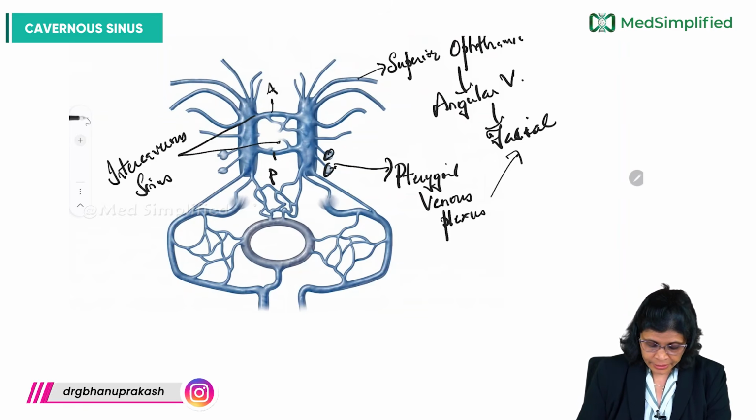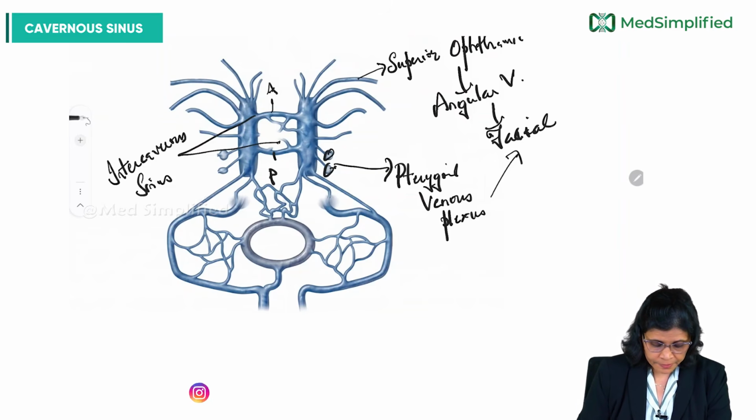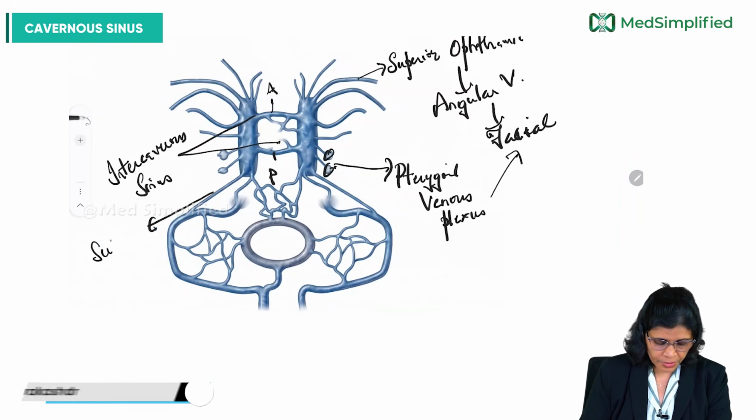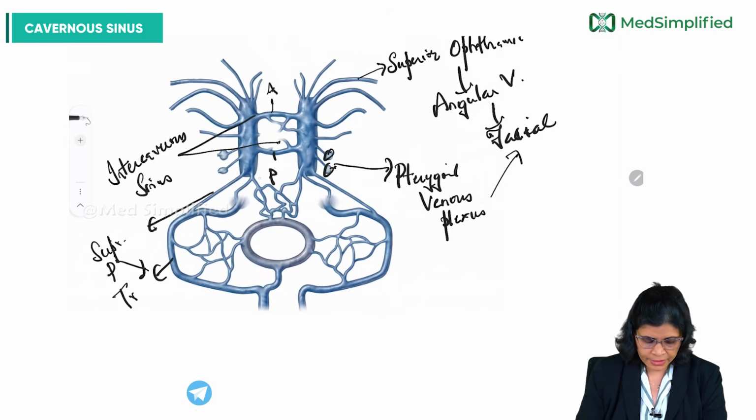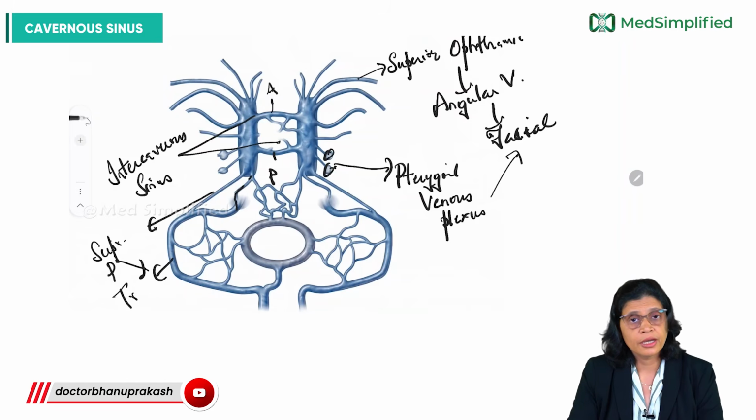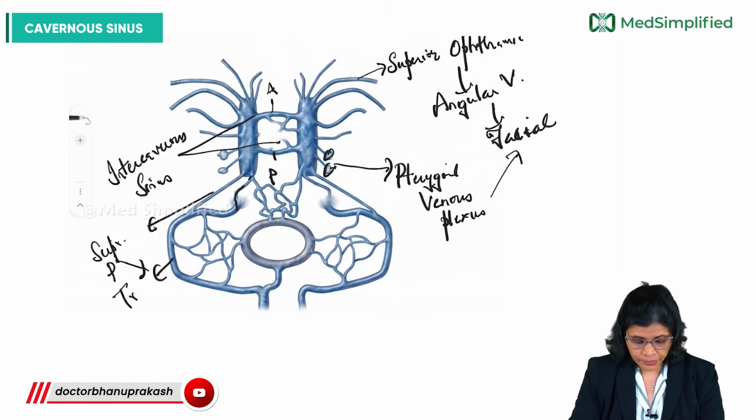And then we have here the superior petrosal sinus. So superior petrosal sinus, it communicates with the transverse sinus. This is the transverse sinus here. So superior with transverse. Then we have the inferior petrosal sinus here. Inferior petrosal sinus, it will communicate with the sigmoid sinus, and then there it goes to the internal jugular vein.